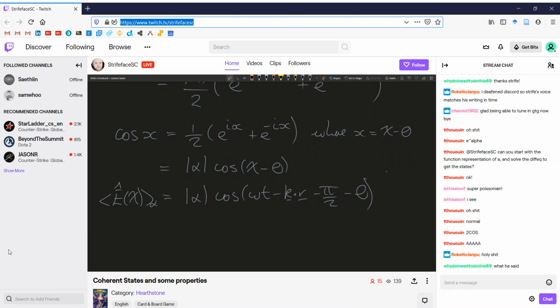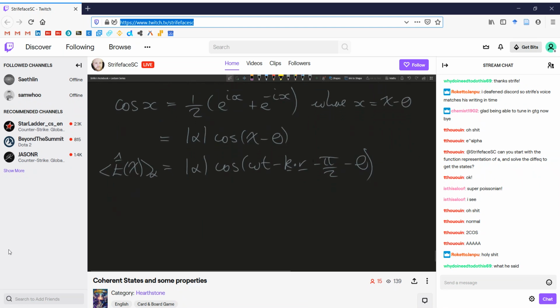What we find is that it is not only defined, but it also represents a plane wave, which is pretty much how we describe classical EM waves.